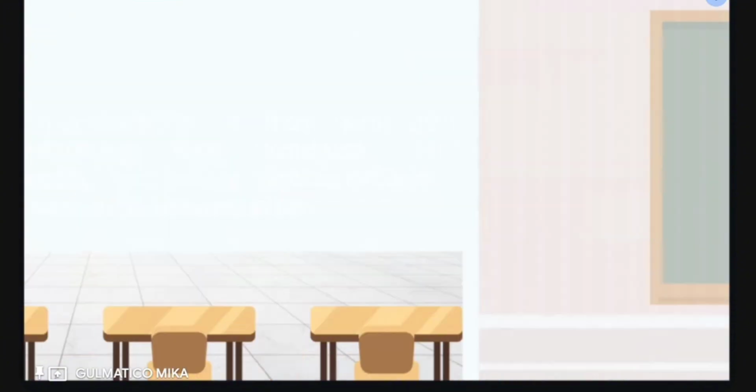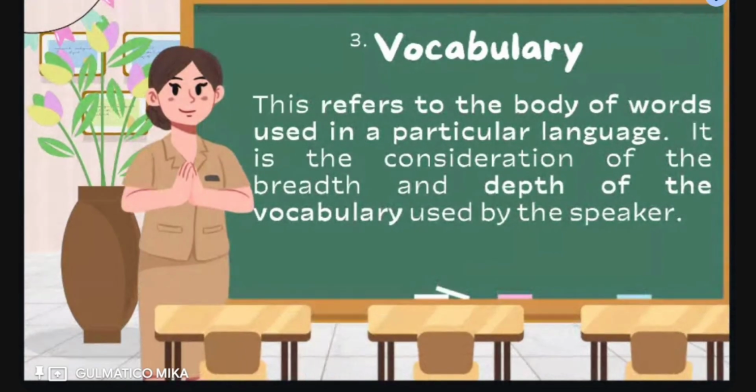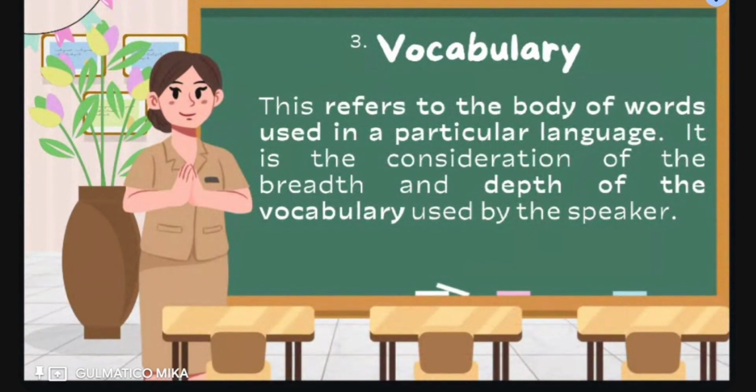The third one is, of course, vocabulary. We all have different kinds of vocabulary, and in terms of breadth and depth, we also have different and unique forms of communication. In word depth, ang kalaliman ng vocabulary kung paano mo i-use ang word differently, gaano ito kalalim.